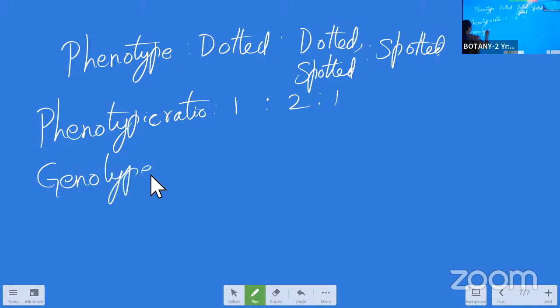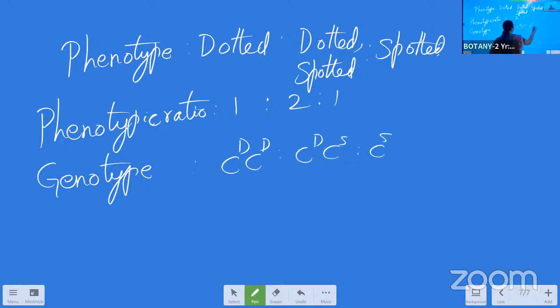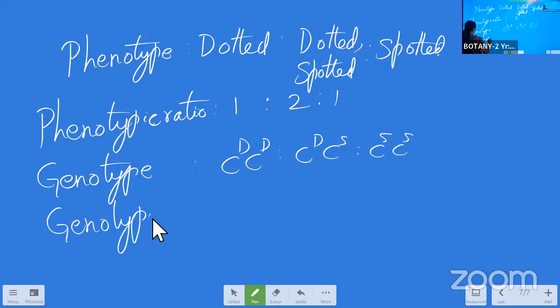What is the genotype of this phenotype? That is CD is to CD CS is to CS CS. So genotypic ratio, last one. That is 1 is to 2 is to 1.